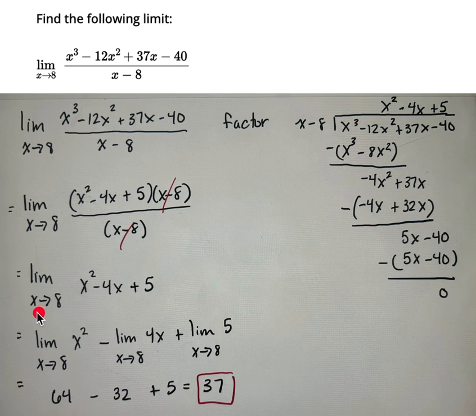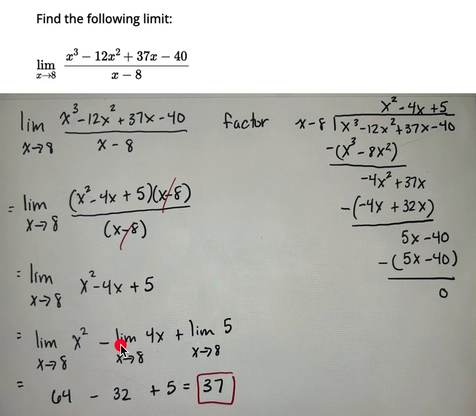So now I don't have a problem of 0 in the denominator, so I can use direct substitution and the limit laws. I can take the limit as x goes to 8 by taking each of these terms separately. When I take the limit as x approaches 8 of x squared, that gives me 64.